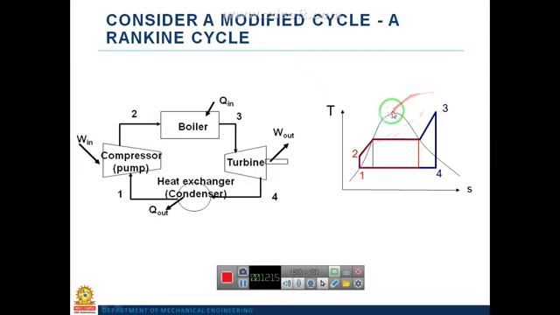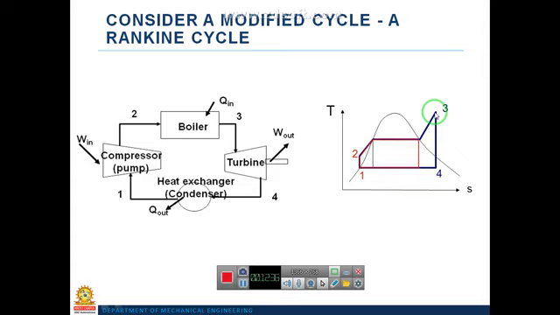If you further add heat at constant pressure, this saturated steam is converted into superheated steam at point 3. So process 2 to 3 is the constant pressure heat addition.